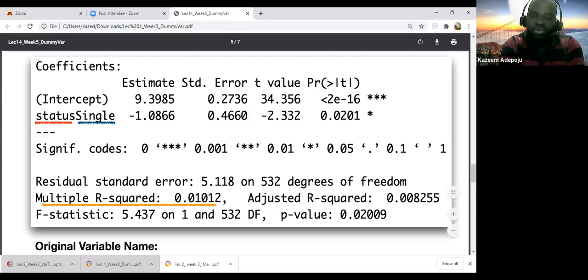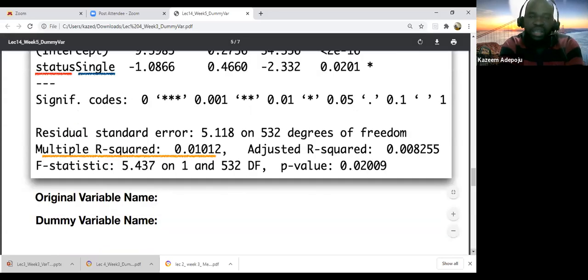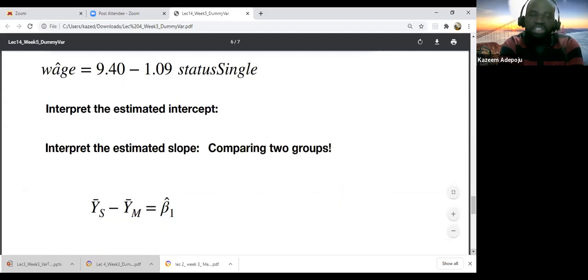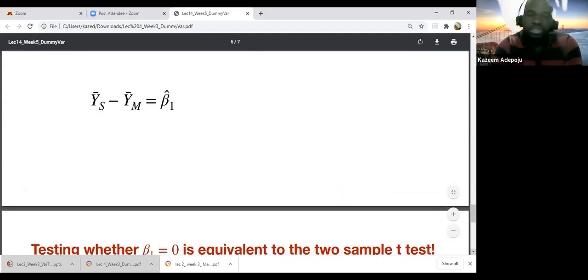So what I've showed you right now is just for you to see the relationship between conducting the significance test on beta 1 when we are talking about dummy variable regression, and performing a t-test of difference of means. They are the same.